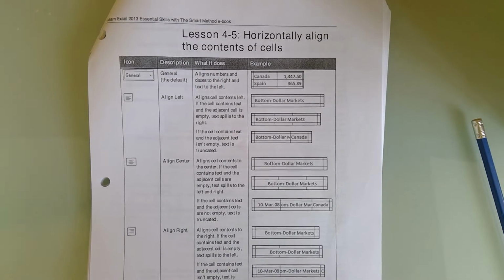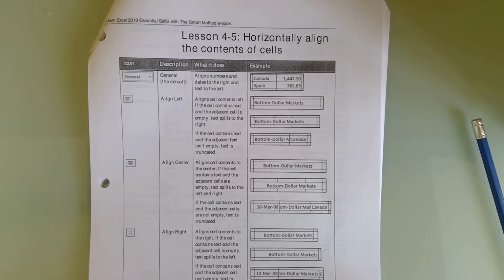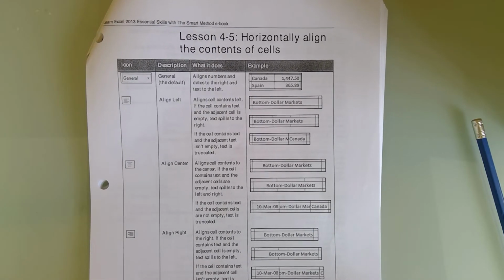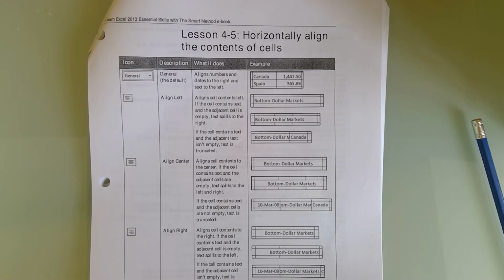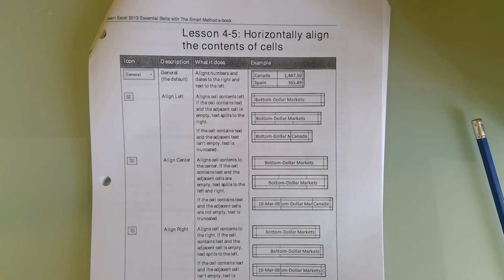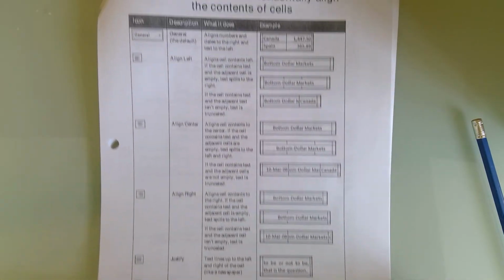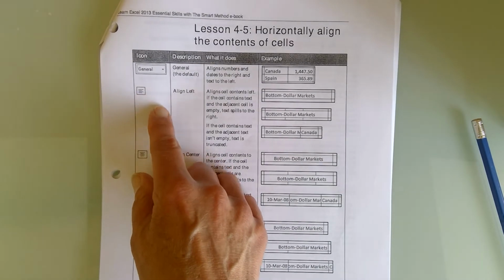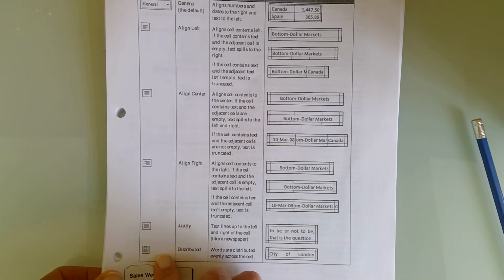All right, now we're coming to the section where we're starting to format our cells, and format our spreadsheets. So what this means is that when we format our spreadsheets or format our cells, it is the way that it's going to be displayed on the screen or the way it's going to print. And over here, you will see a general example. You see these icons over here? It just shows you a quick and easy way of how the cells are going to be formatted.